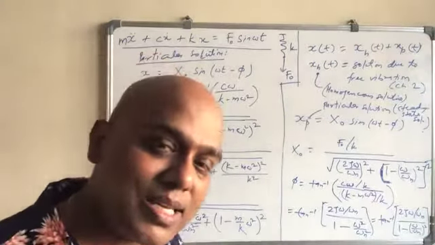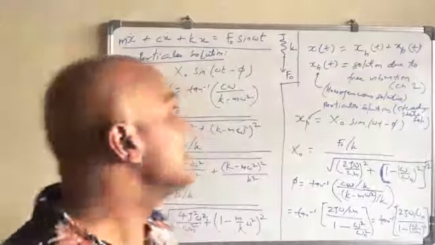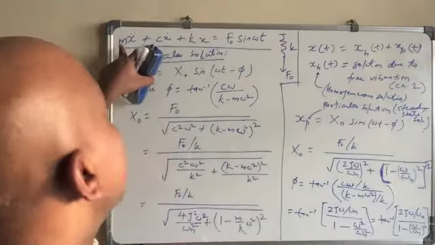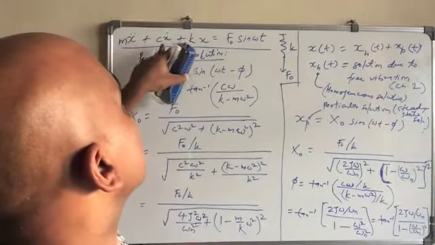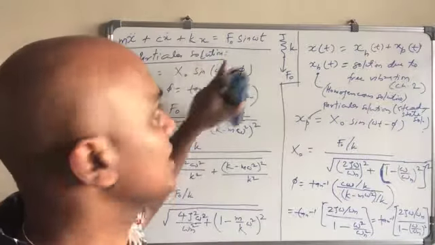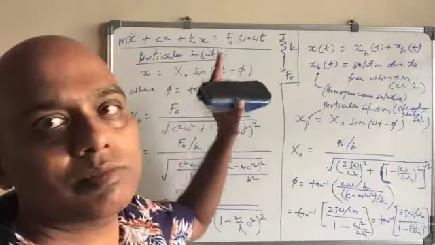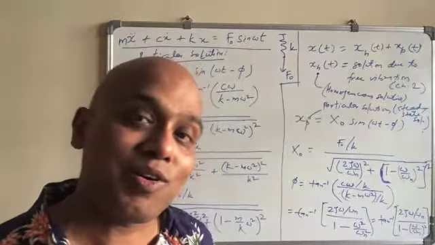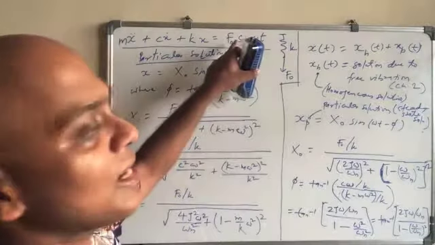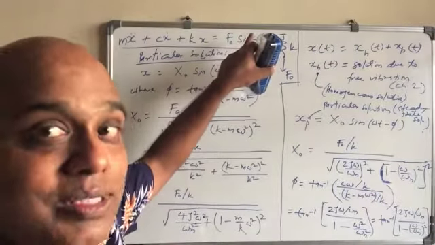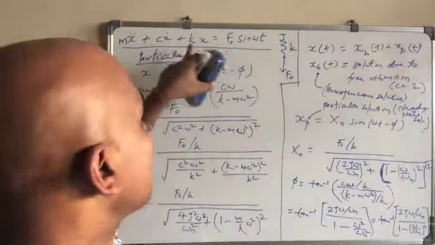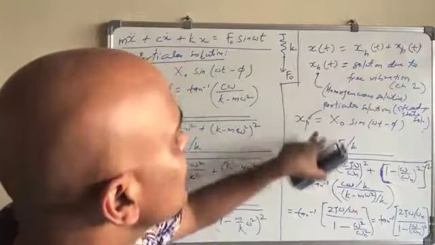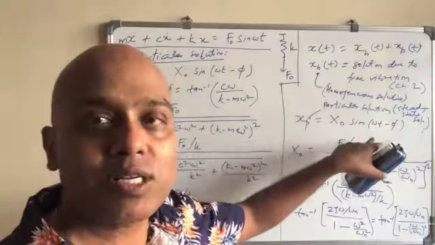When we study control systems, we have just equations, and we say my system is m x double dot plus c x dot plus k x equal to 0, and then we have to find out the harmonic response. Harmonic response means that your input force is sinusoidal, and then we have to find out what the steady state solution looks like. The steady state solution is the particular solution.